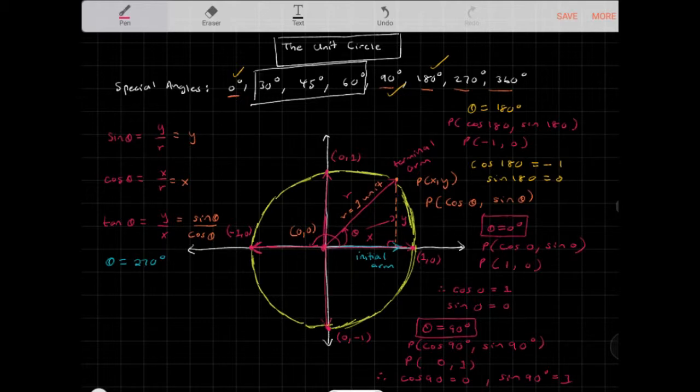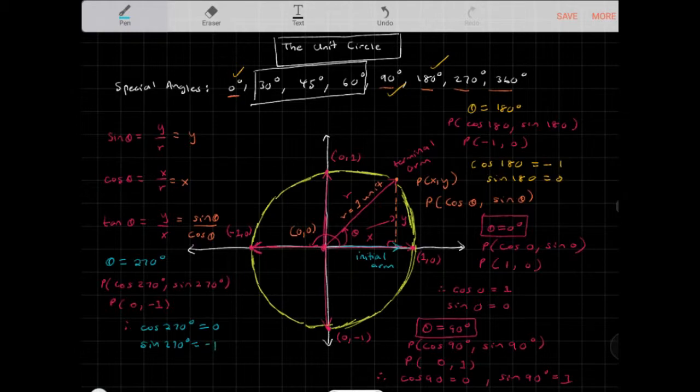If the terminal arm is located there, then the equivalent point is cosine 270 degrees, sine 270 degrees, and this is equivalent to the point 0 and negative 1. So therefore, let's use blue here. Cosine 270 degrees is equal to 0, and sine 270 degrees is equal to negative 1.